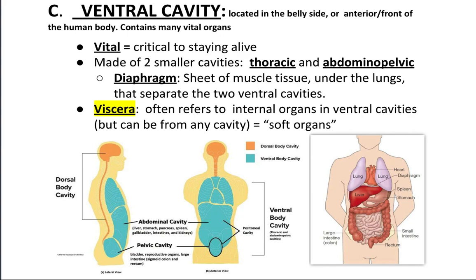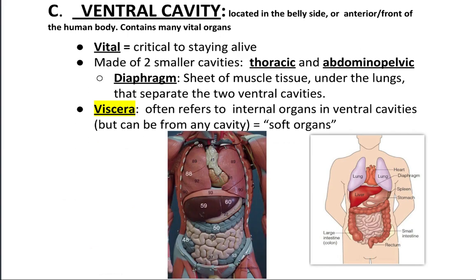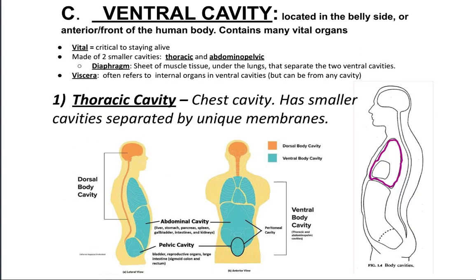If you know the word eviscerate, like if you watch a lot of horror movies, eviscerate means like someone loses their organs, their softer organs inside their belly. That directly refers to the term viscera. So viscera are the soft organs in the front side of your body. So all these organs are viscera.